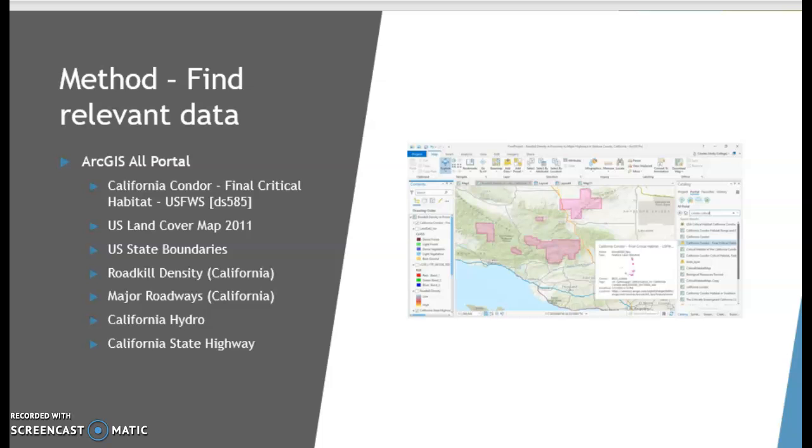So I've got the California condor final critical habitat, which just lays out where in Southern California condors tend to be mostly. Then I've got the U.S. land cover map, which shows the different vegetation in that area. I've got the U.S. state boundaries map, which just really helps me distinguish California's border only.